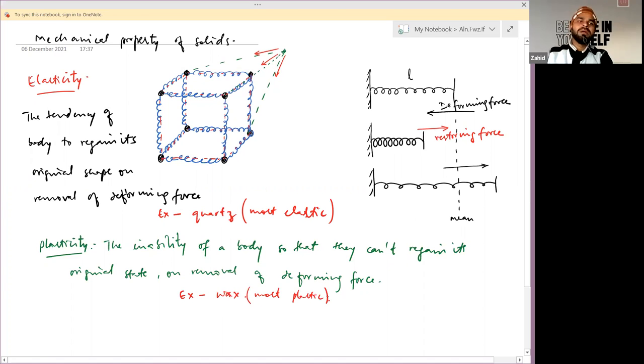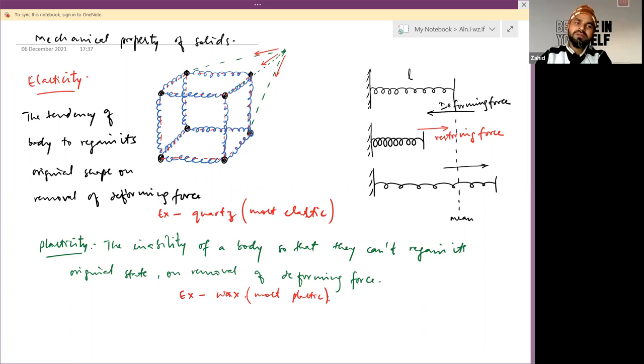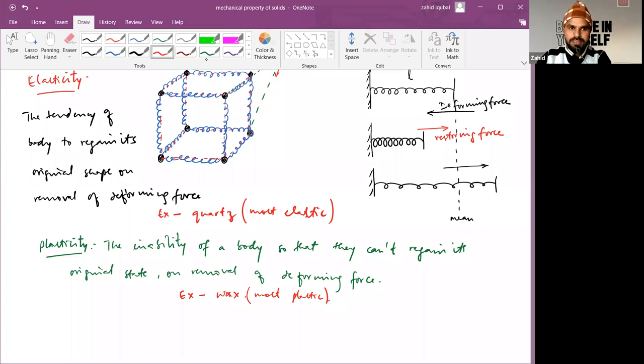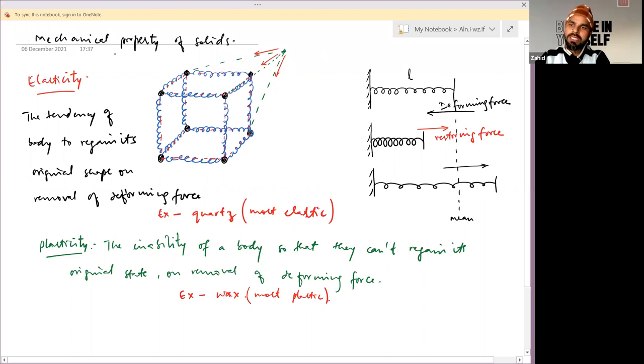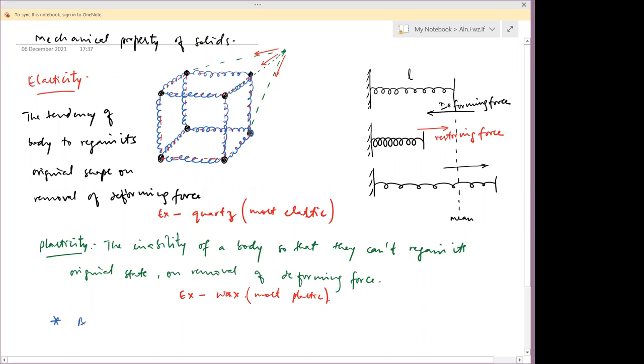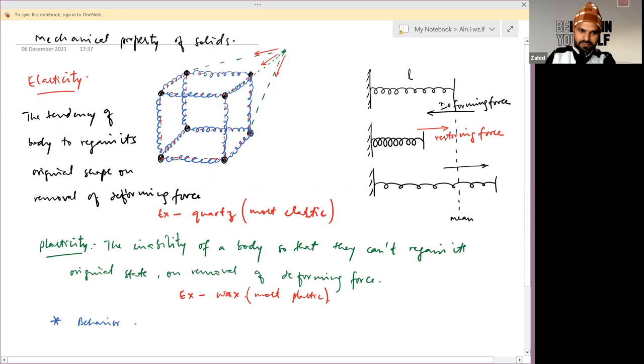In general, there is no object which is perfectly elastic or perfectly plastic. So the property of a body will lie in between elasticity and plasticity. Is it clear? Yes, sir. So we can say the behavior of a body lies in between elasticity and plasticity.